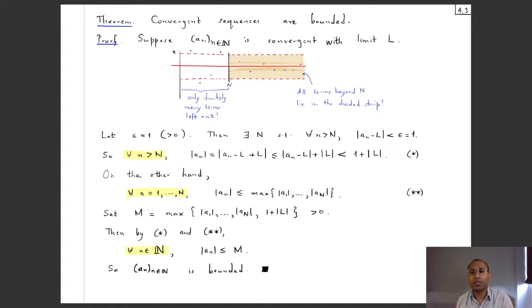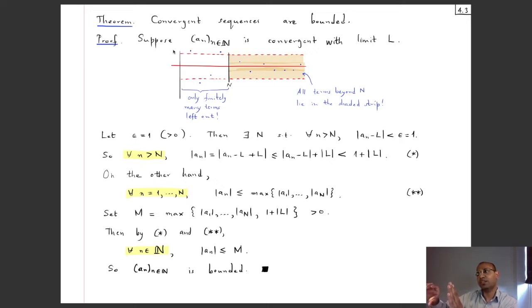A convergent sequence has a limit L, and the terms of the sequence are settling down to that limit. Last time we saw that it means a precise thing, and in particular, if you go far out in the sequence, we are guaranteed that it's at most at a distance of 1 from the limit. And that means that the terms beyond a certain index are all bounded, right?